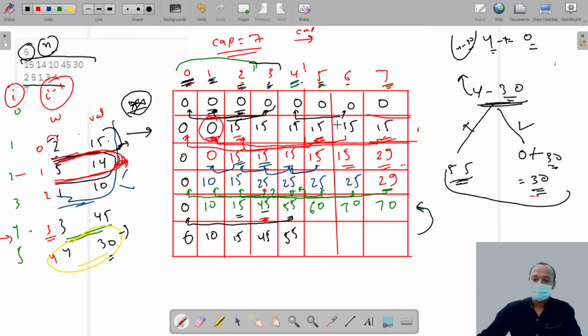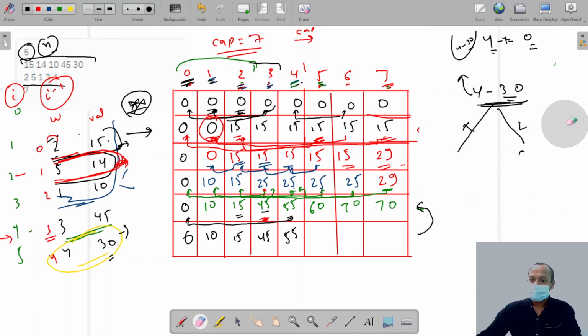Now the capacity of the bag is 5. If we exclude this item, if we don't take this item, we get 60 at this point.